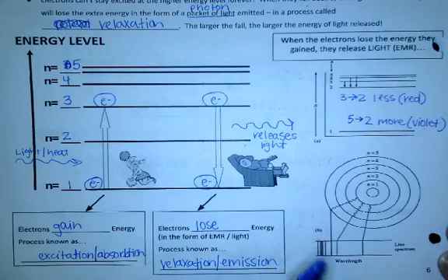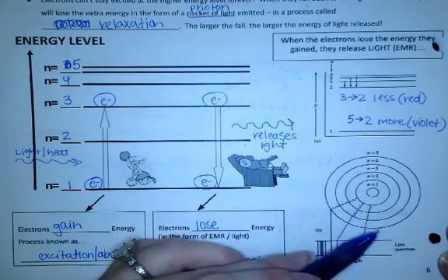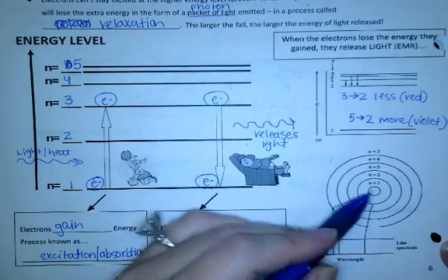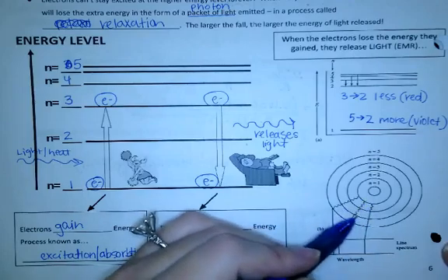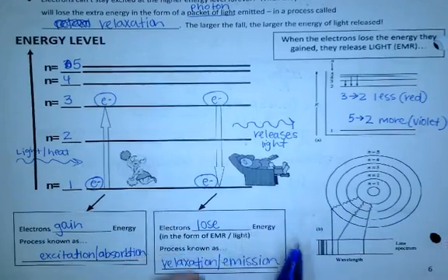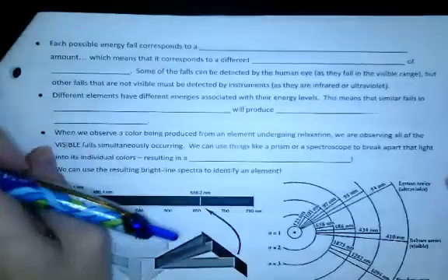It may emit several. Even hydrogen emits 4 because the electron is jumping maybe from 1 to 2, from 1 to 3, from 1 to 5 very quickly, and so it's releasing different wavelengths. So each possible energy fall corresponds to a different energy.